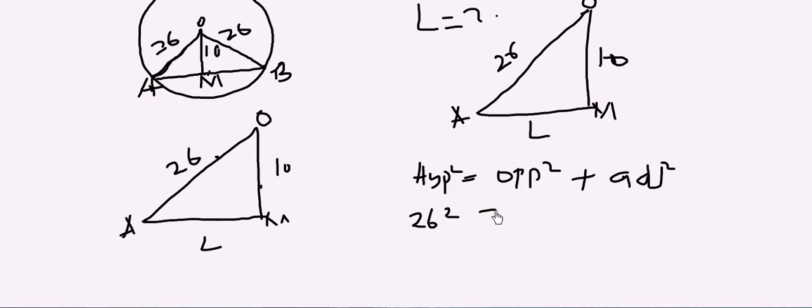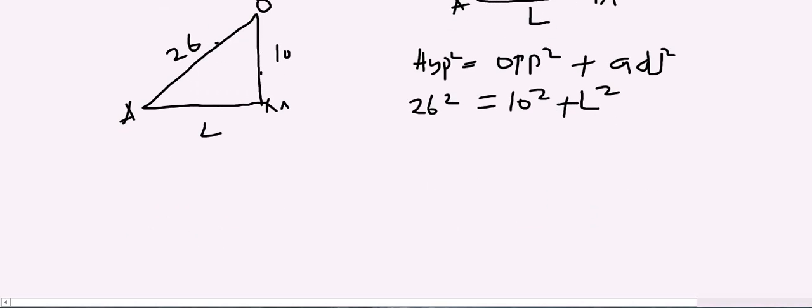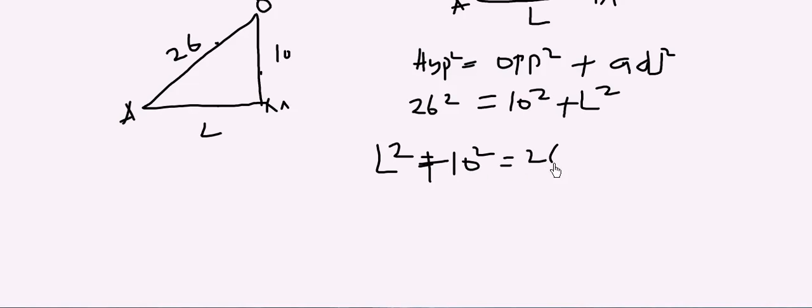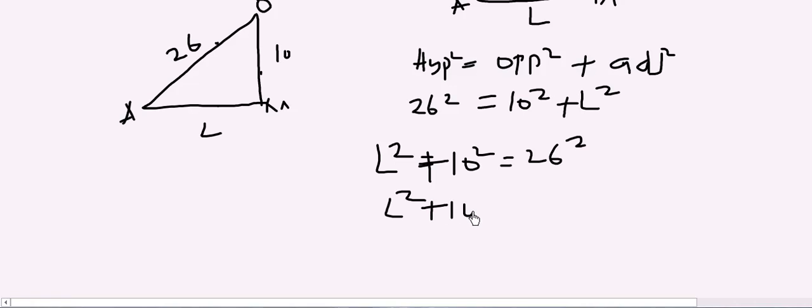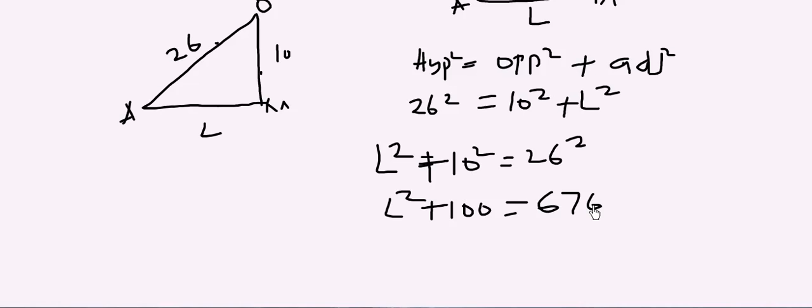What's the opposite here? 10 square plus L square. We can rearrange that to become L square plus 10 square is equal to 26 square. So I have L square plus 100 is equal to 676.